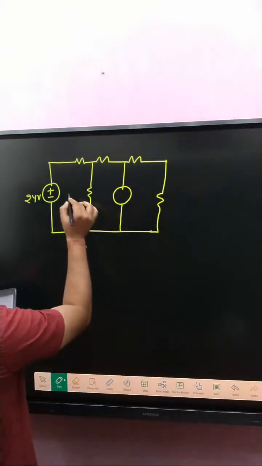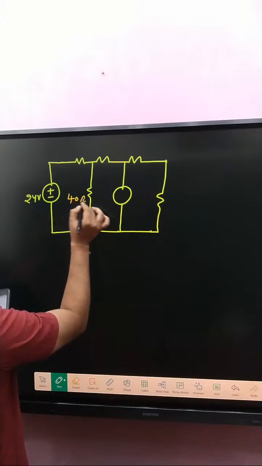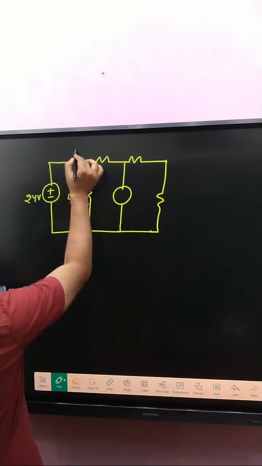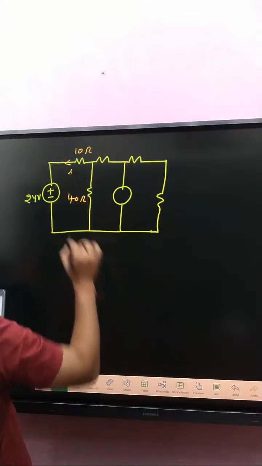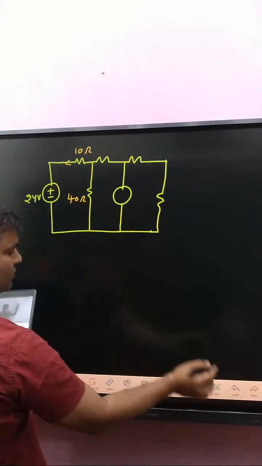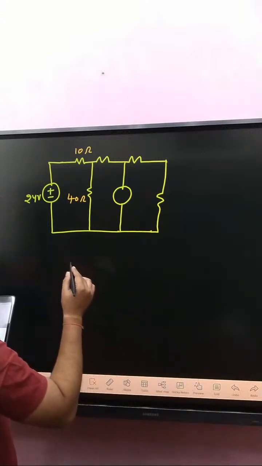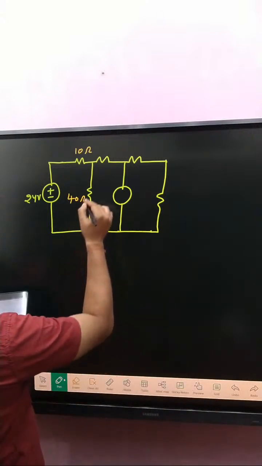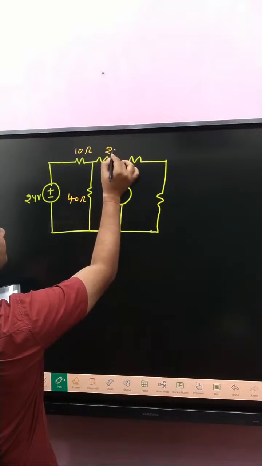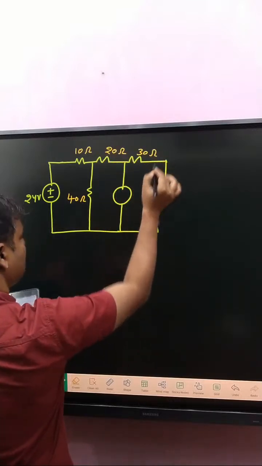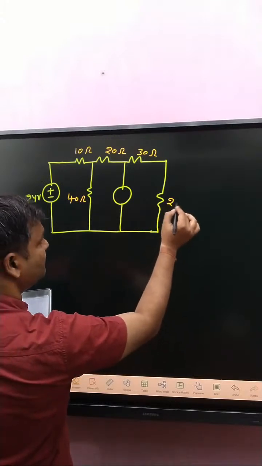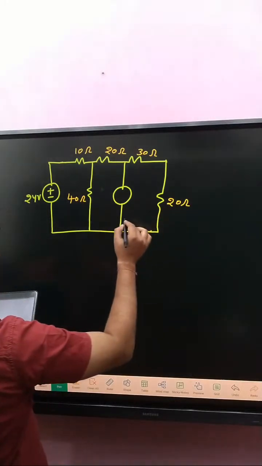And that is 40 ohm. This one is 40 ohm, and that is 10 ohm, and here 20 ohm, and that one is 30 ohm, and that one is 20 ohm. Okay.